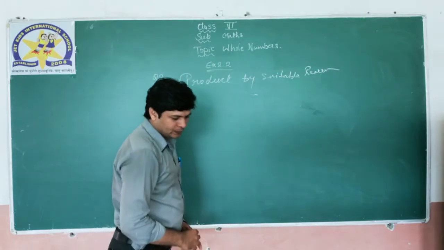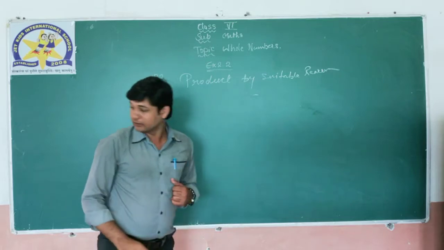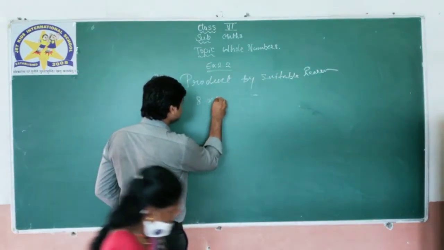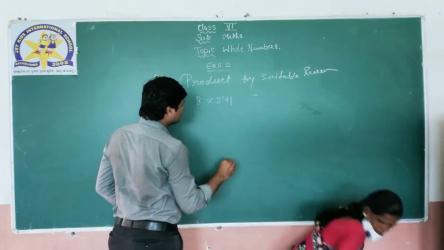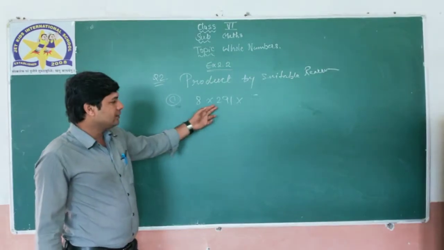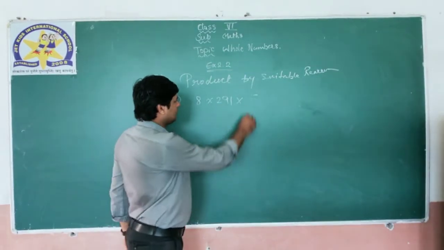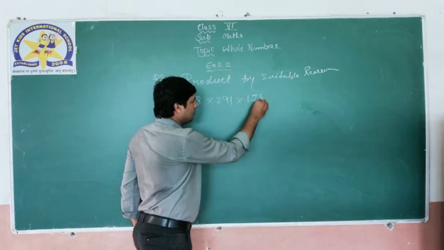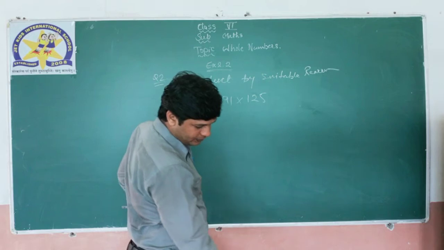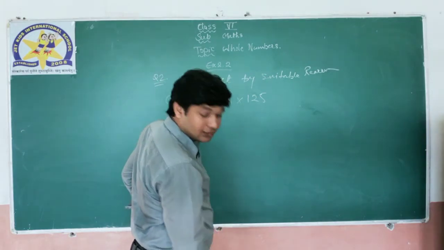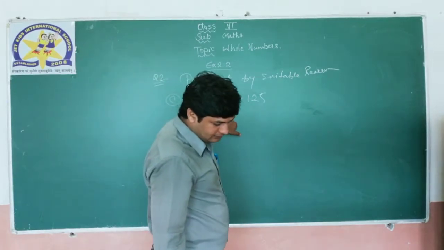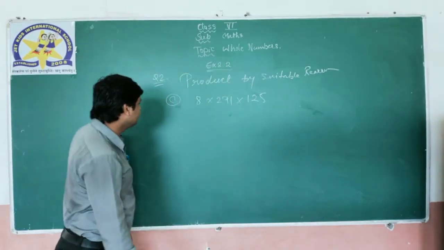Next is now an important thing. 8 multiplied by 291 multiplied by 125.